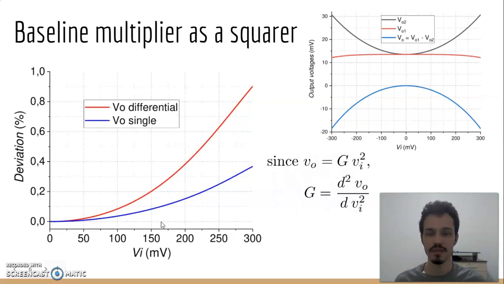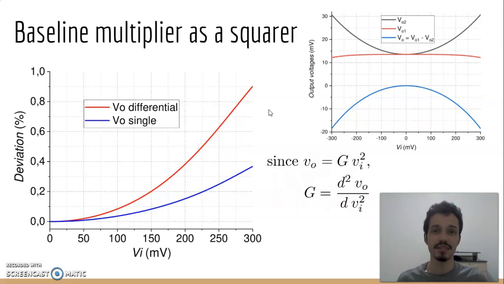Here, in this plot, we can see the deviation which the differential output suffers in red in the presence of a signal Vi, and the deviation which the single-ended output VO2, shown in blue here, suffers in the presence of a signal. And we can see that the deviation of the differential output is larger and gets even larger in the presence of a signal with higher amplitude.